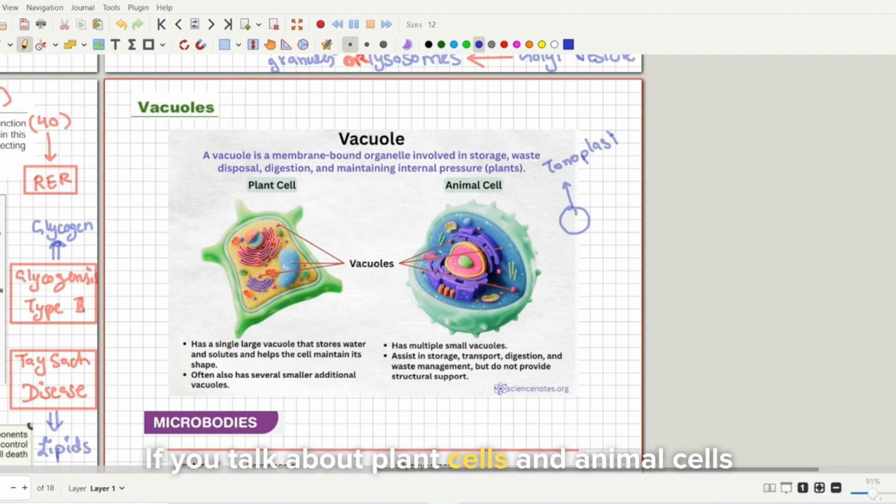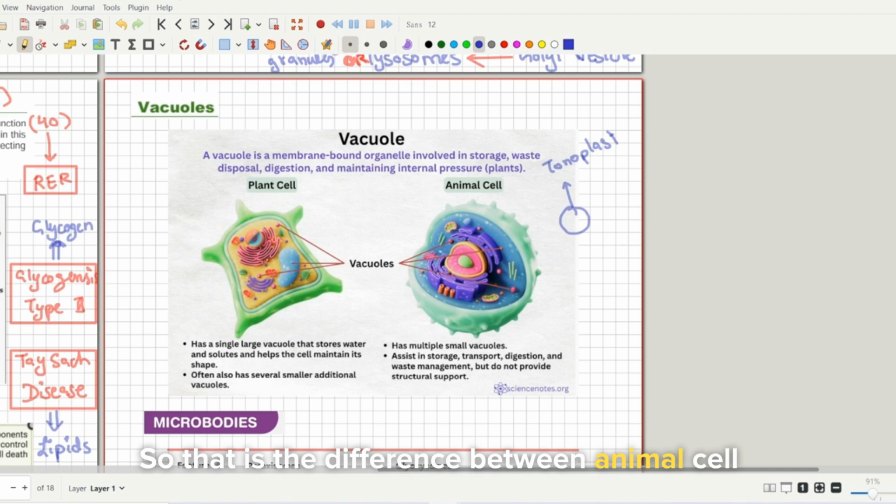If you talk about plant cells and animal cells, they have different kinds of vacuoles. In plant cells, there is a large central vacuole, formed by coalescence, or you can say the combination of many small vacuoles into one large vacuole. In animal cells, there are many vacuoles present throughout the cell.